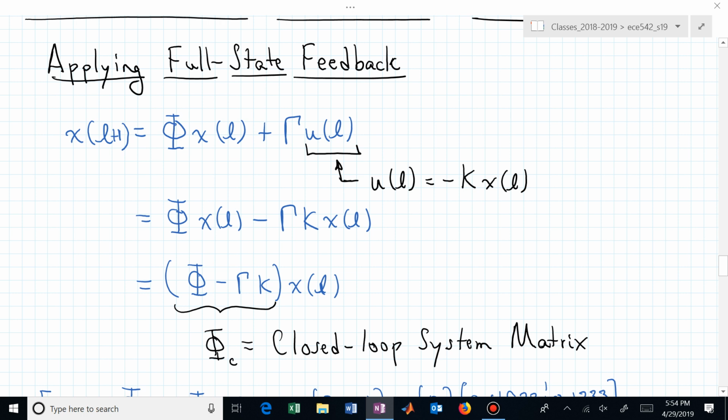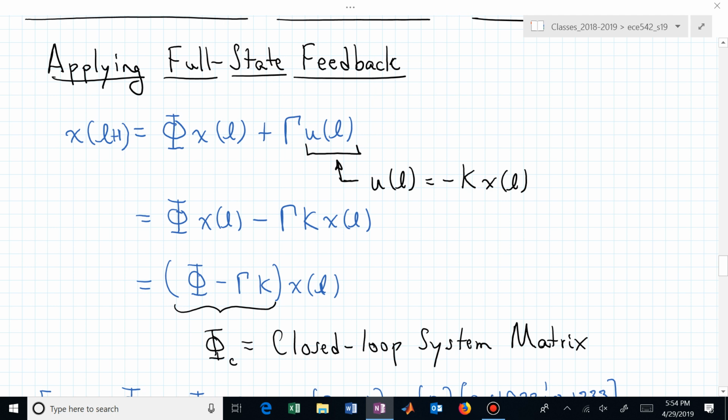And from this expression, if you do nothing else on the final, and if I give you a phi that's 3 by 3 and a gamma that's 3 by 2, can you tell me what k needs to be dimensionally? Maybe not what each of the variables are, but how big is k? Or what are the dimensions of k?